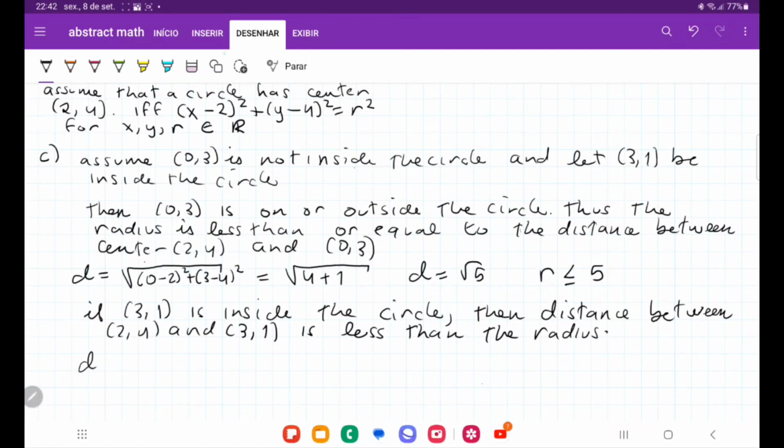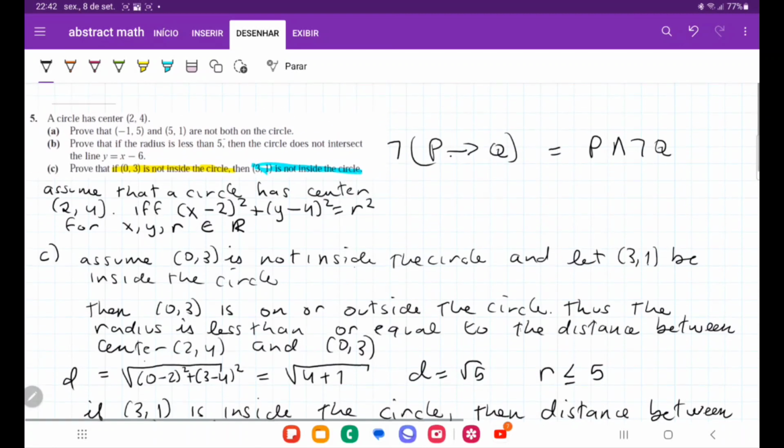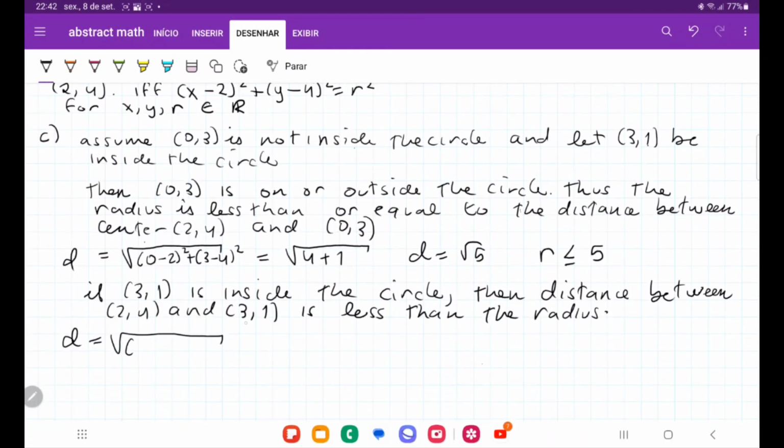So this distance here is going to be equal to the square root of, let me see if I did this wrong, (0, 3), (3, 1). Okay, no, that's right. So 3 minus 2 squared plus 1 minus 4 squared. And so we're going to have here that this is 3 minus 2 squared is 1 plus 1 minus 4, negative 3 squared is plus 9, which is equal to root 10.